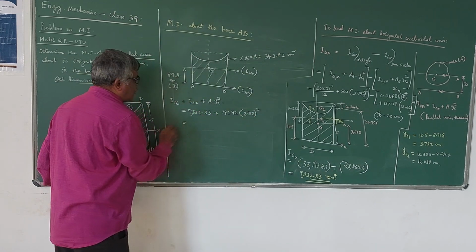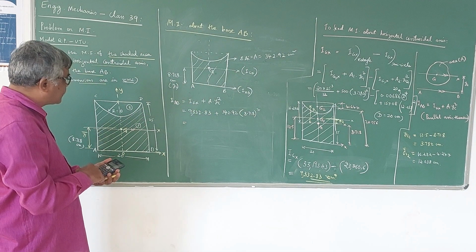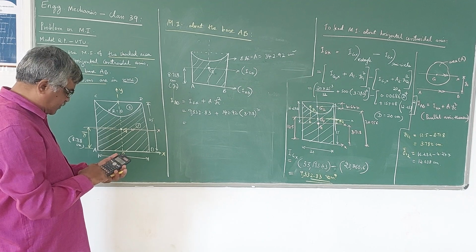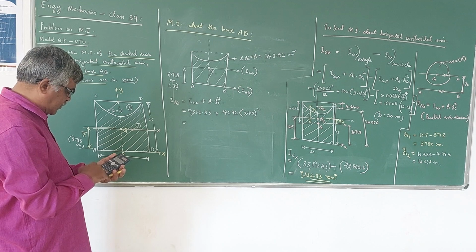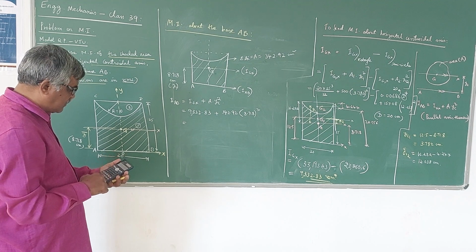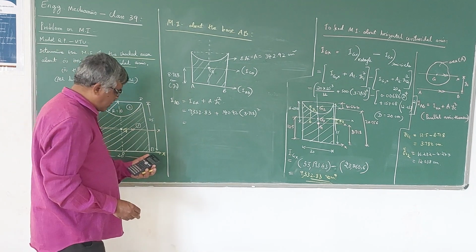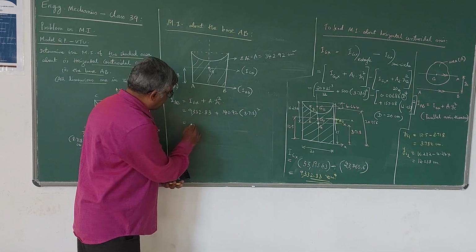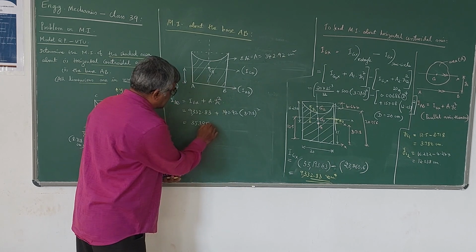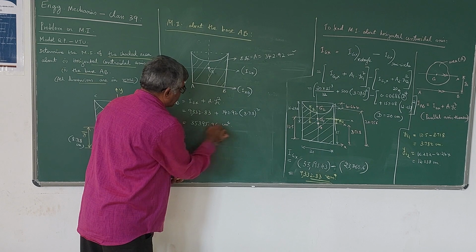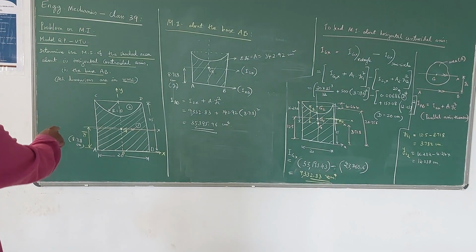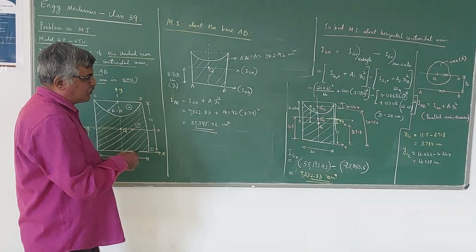If you simplify this, it comes out to be 35395.96 centimeter power 4. So this is the moment of inertia of the lamina, that is the shaded area, with respect to the base.